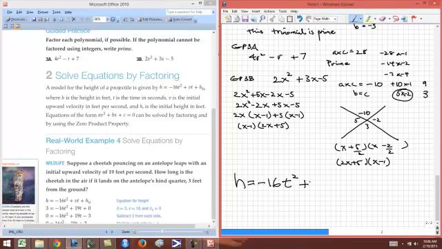Plus v times t. Now t is seconds. So you can see the longer you fall, the faster you're falling. So that's the bad thing about falling. V is your initial velocity, and t is the number of seconds that you're traveling at that velocity. Now, if there were no gravity, and you threw something at a particular velocity, it would go theoretically forever as long as there's no friction.